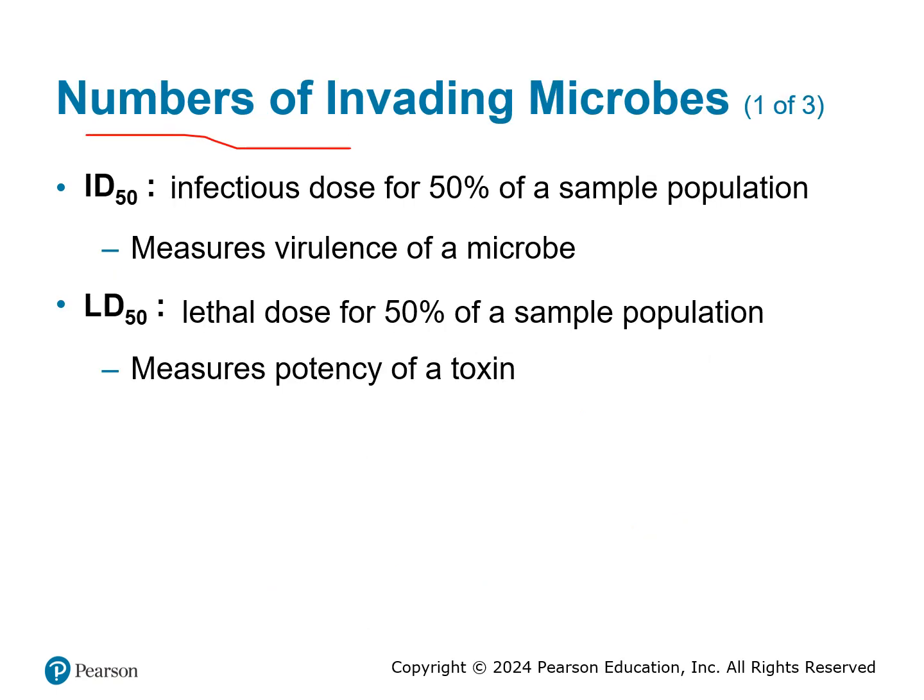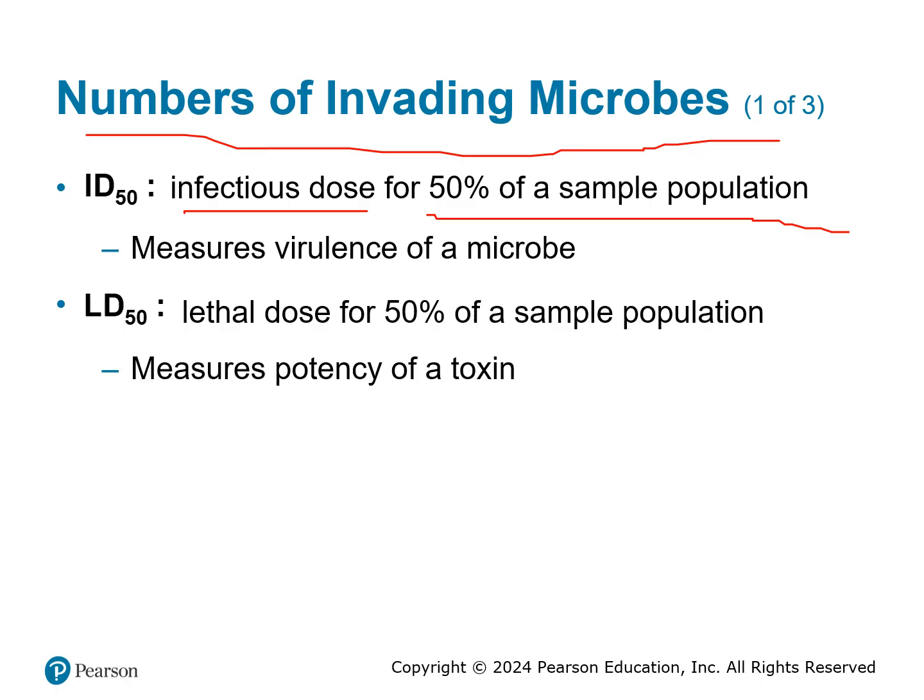All right, some numbers. How do we know how bad a microbe is? Well, we have two measures. So ID50 means the infectious dose, where 50% of a sample population will get sick. Okay, so for different microbes, you might need more or less.